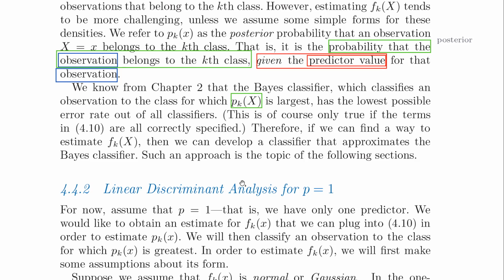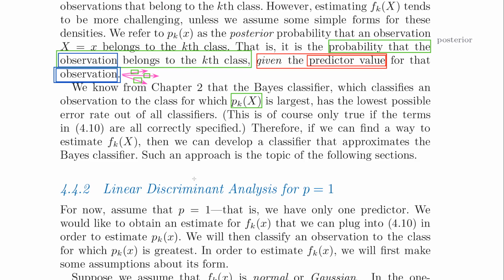The way it works is you have an observation, and the question is, do you classify it into class 1, seizure, class 2, epileptic, class 3, overdose, etc. You first calculate the probability for each one, and the greatest probability wins.